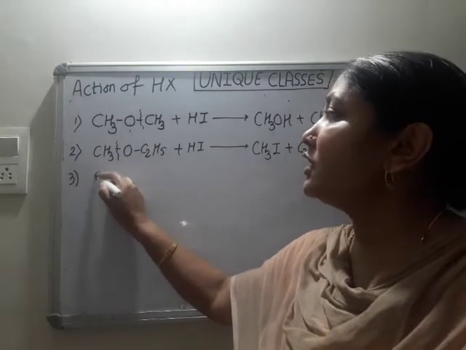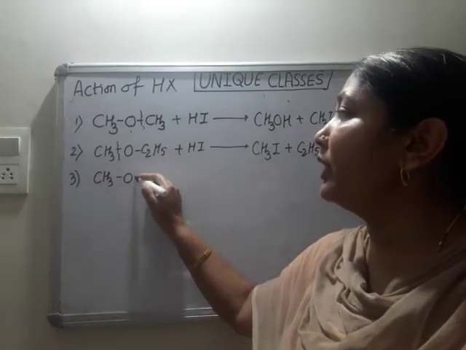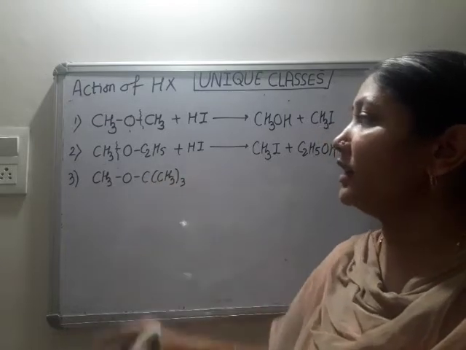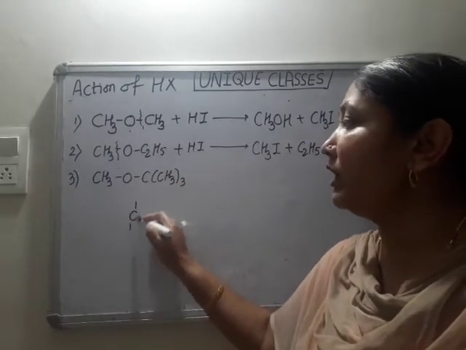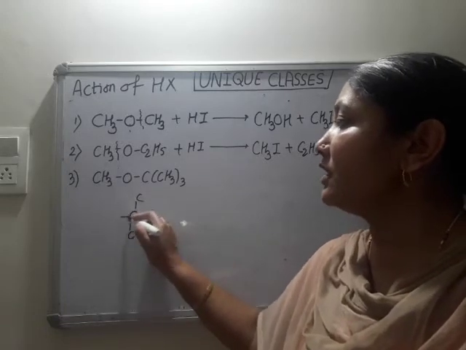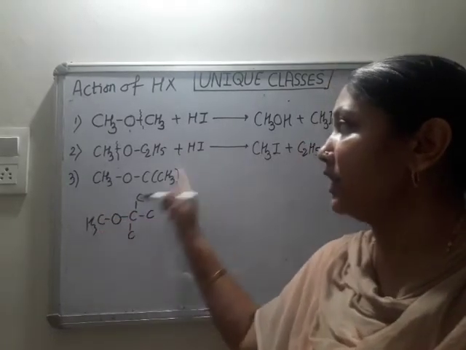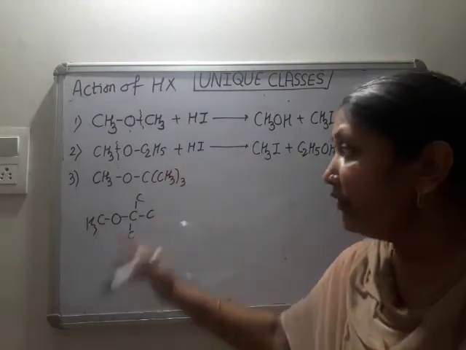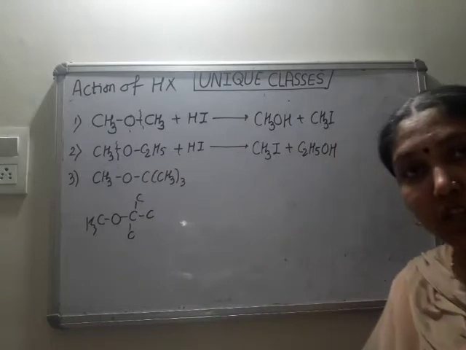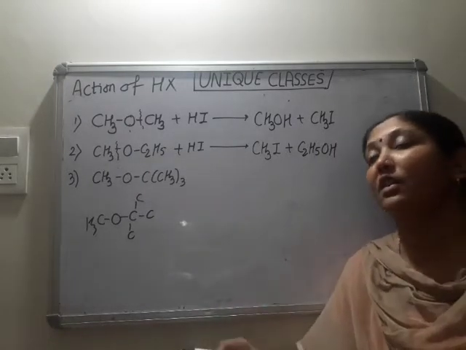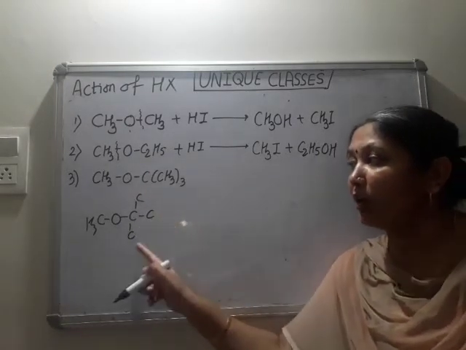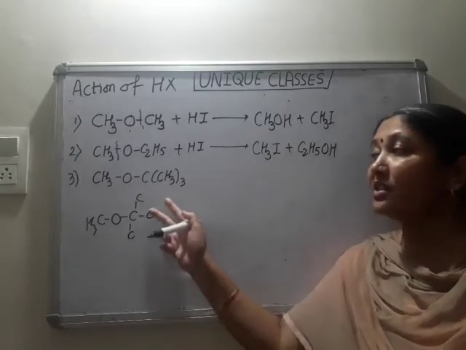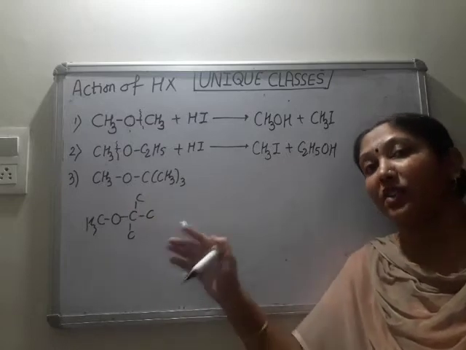And the third condition. What is it? Suppose one alkyl group is tertiary, (CH3)3C, which is nothing but one carbon attached to three CH3, and here OCH3. The split-up of this structure is like this. So if one of the alkyl groups is tertiary, then due to steric hindrance there is a lot of crowding. These groups repel each other. So this is less stable or it is detached easily.